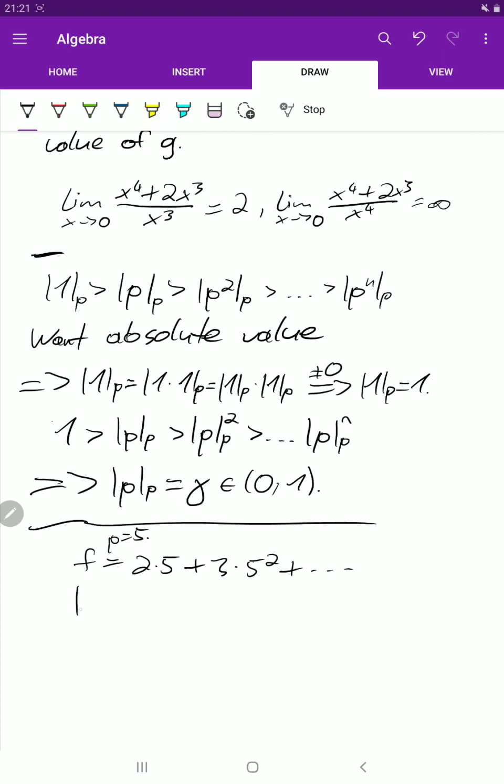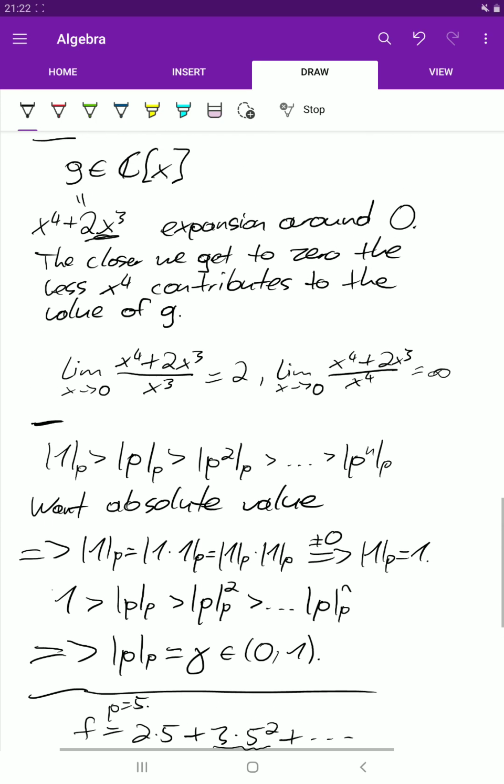Then we want the norm of f to be the largest contributing factor, and these other things get smaller. We want to see it in the same way as for holomorphic functions over the complex numbers.